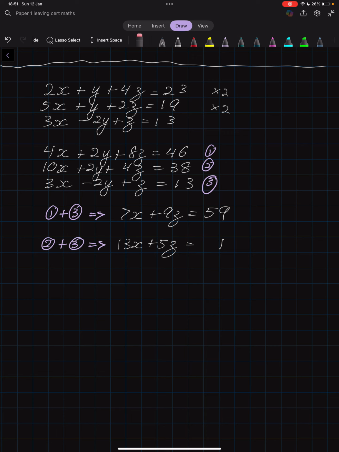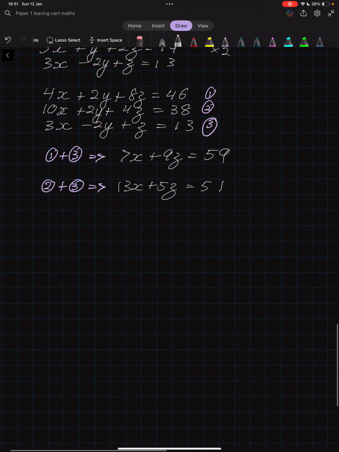Now it's back to the same thing that we were just doing. Now I'm just going to make sure there's the same number of x's or the same number of z's. I'm going to choose the z's, just because I can multiply by a smaller number. That is absolutely the only reason I'm doing this.